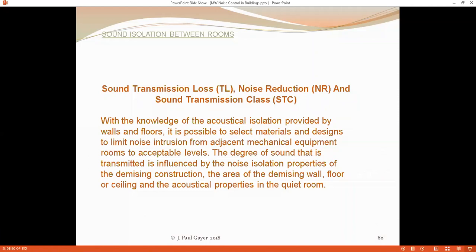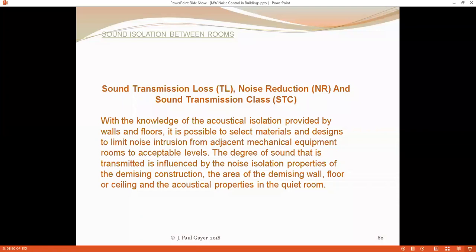The STC rating is just a single number. The chipboard people incorporate this technical information in their marketing materials, and you as an engineer or architect just go to the chipboard catalog, look at the STC ratings of the different construction systems you can select, and simply select one.